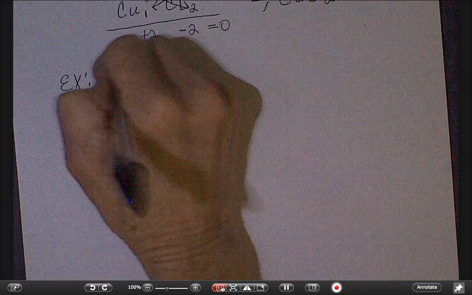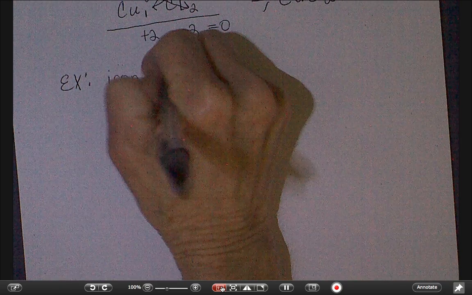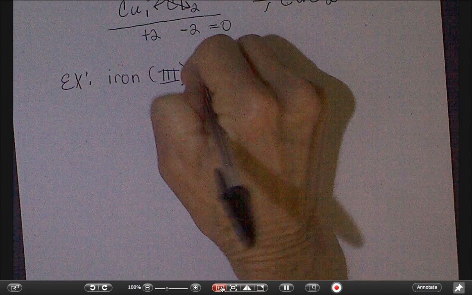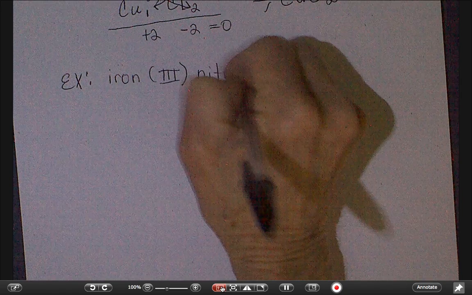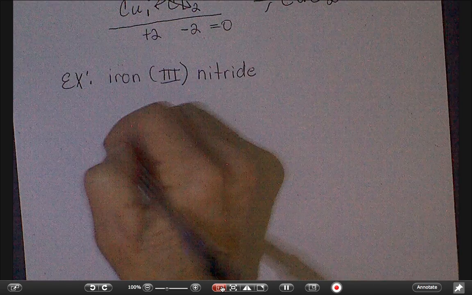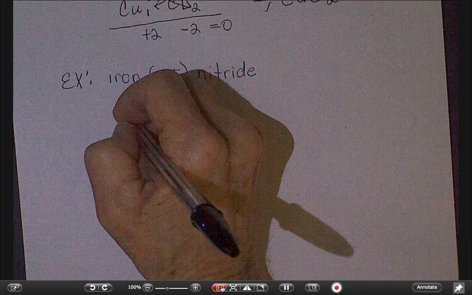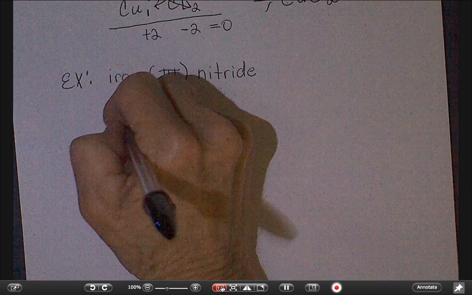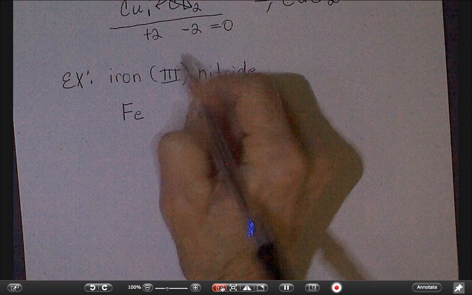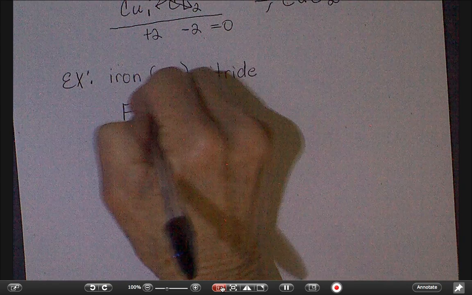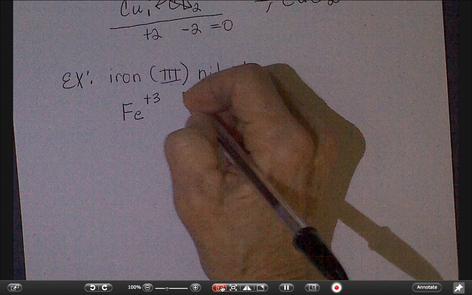Iron 3 nitride. Okay, iron is Fe, number 26. Yes. What is the Roman numeral 3 telling me? Plus 3. Okay?